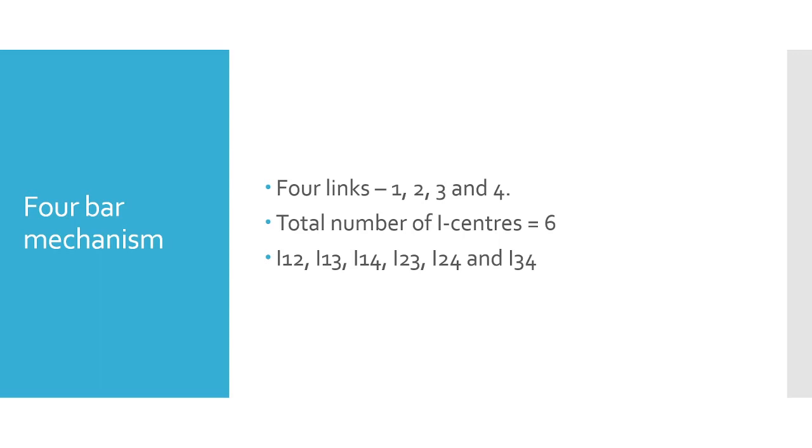So the links are 1, 2, 3 and 4. Then what will be the total number of instantaneous centers? It will be 6, as we already mentioned. We have n into n minus 1 by 2. When you calculate, you get 6. So there are 6 centers in a 4-bar mechanism.